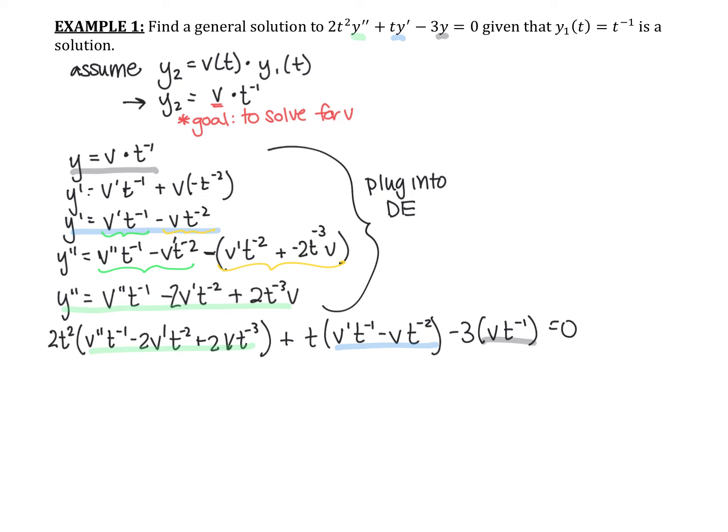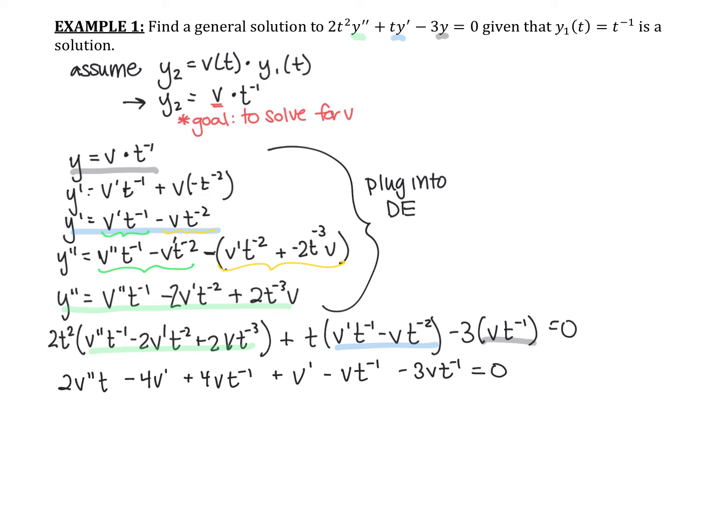So here, if I distribute my 2t squared in, I would be left with 2v double prime t minus 4v prime plus 4v t to the negative 1, plus t times t to the negative 1. That goes away. So I'm just left with v prime minus vt to the negative 1. I've got to get my negatives brain working here. Minus 3vt to the negative 1.